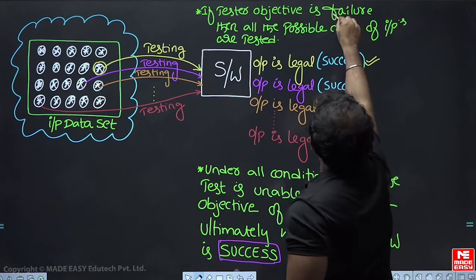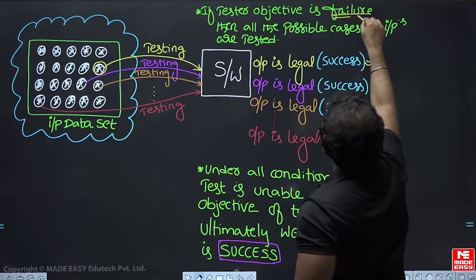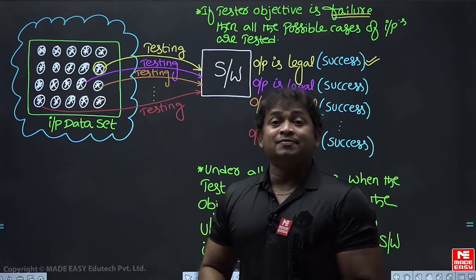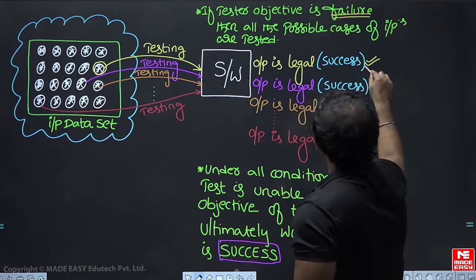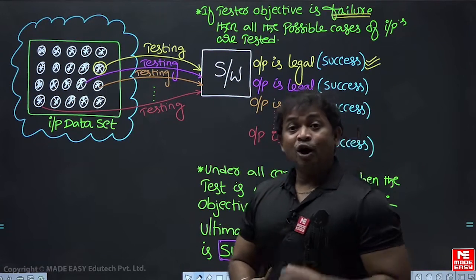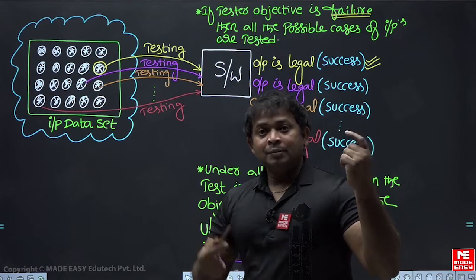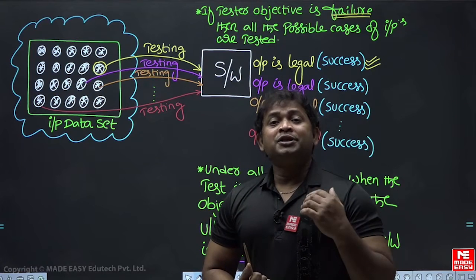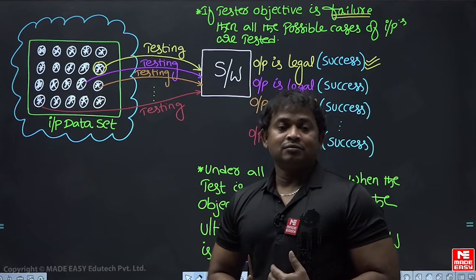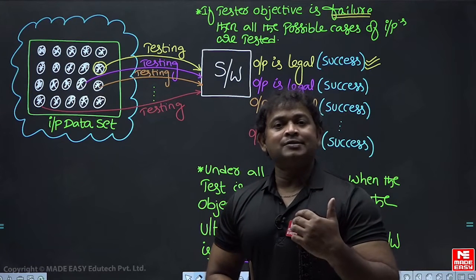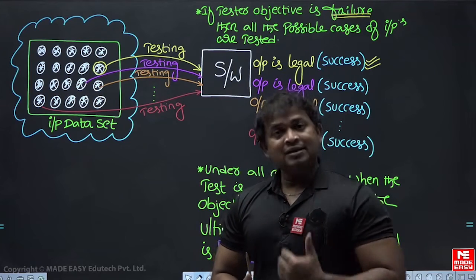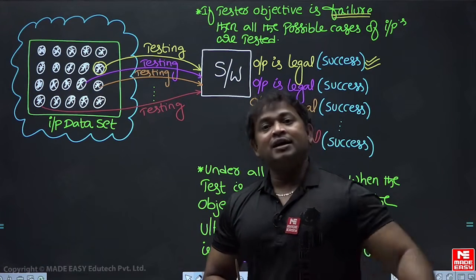But what is the objective of the tester? Failure. He wants to prove to what extent the system can fail. But here the system is a success. The objective is failure, but the system is a success. So the tester's objective is not satisfied. When the objective is not satisfied, apply another input set.